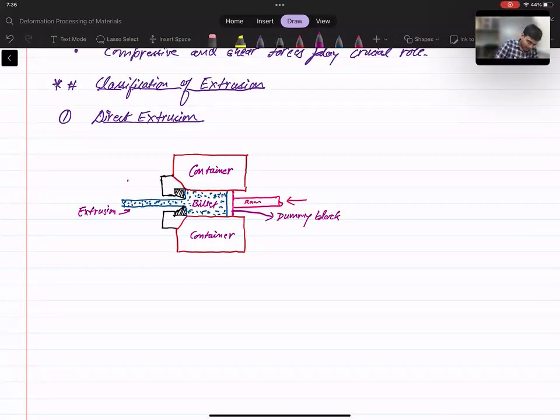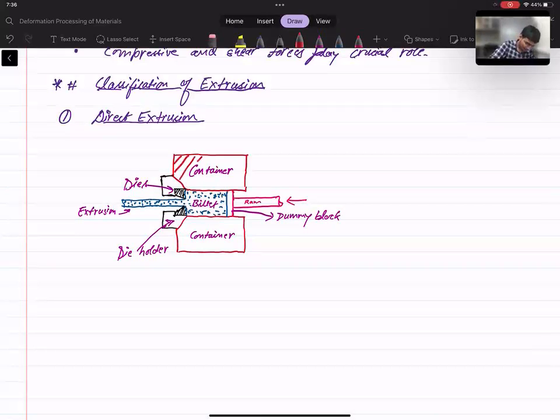These are the dies and die holder. Die. This is die holder. Die holder. Okay. And this entire setup is for the direct extrusion process.